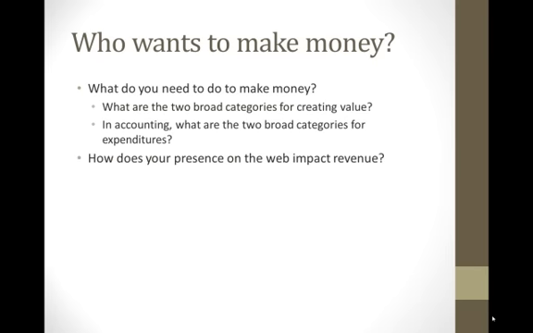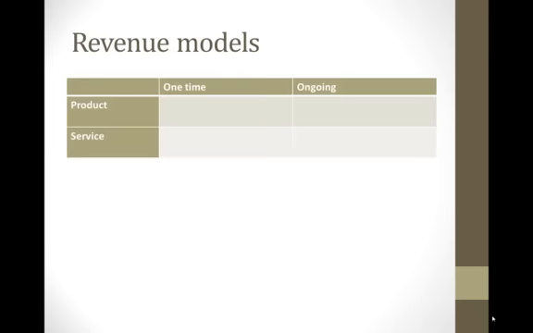And what we find is that you have to be able to not just have a way for people to buy things from you, but present it in such a way that people will want to do it. And that's where your presence really makes a huge impact. So traditionally, our revenue models, I broke this out into a little matrix. Now, if you look at the book, I found the book a little confusing in this part of the chapter.